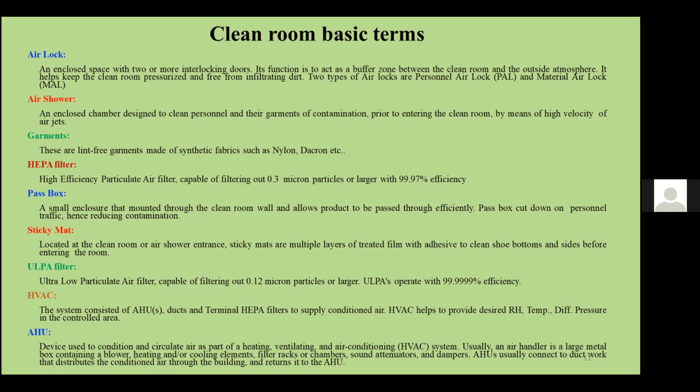Because this filter is highly designed, the cost is also very high. So most clean rooms do not require this filter. Suppose we want to design a class 1000, class 10,000, or class 1 lakh clean room, we don't need to use this filter. But for information we can remember this.